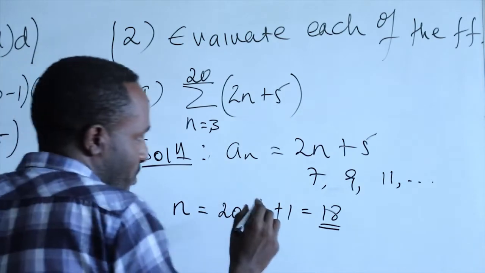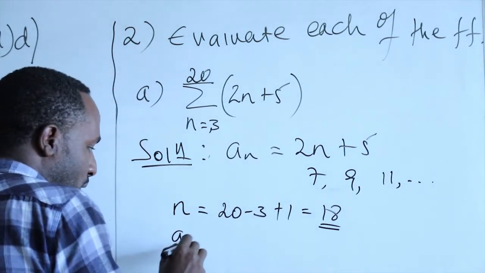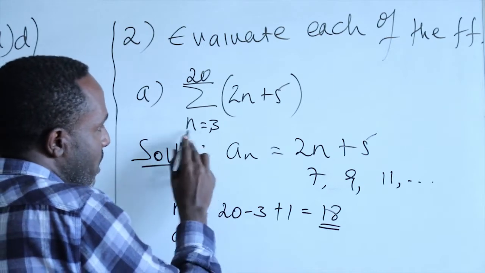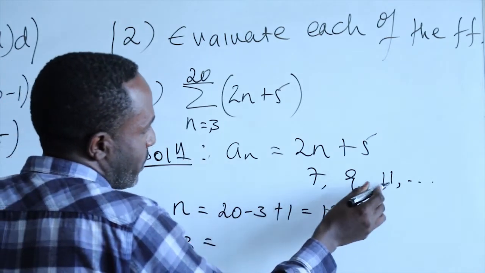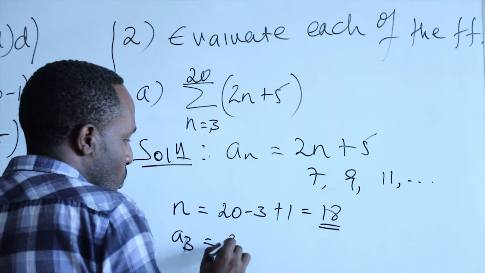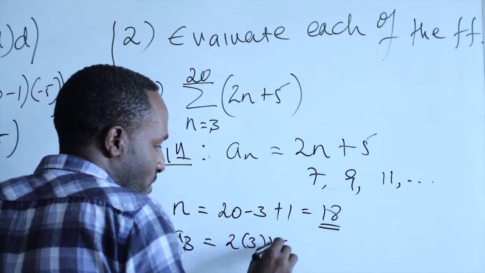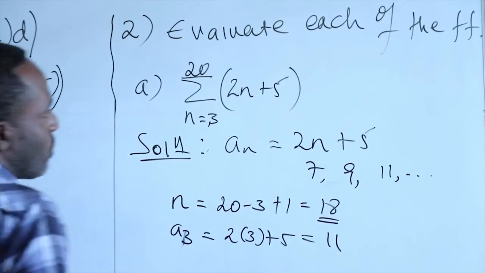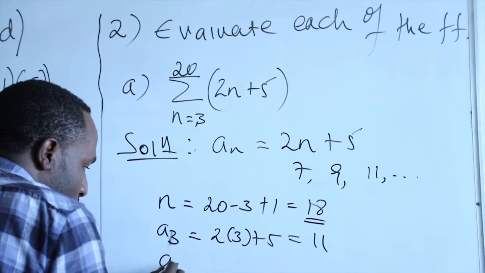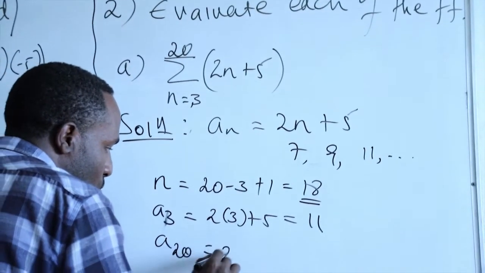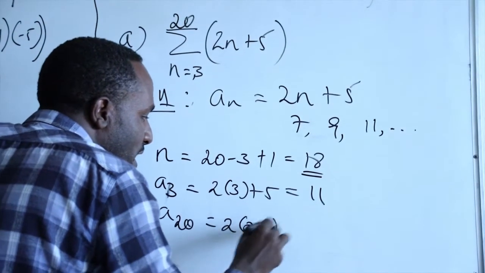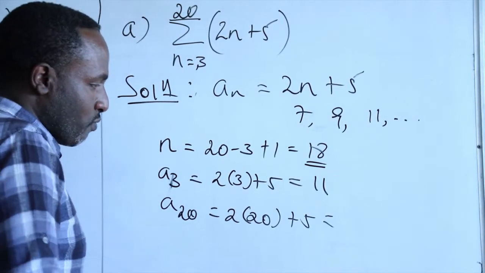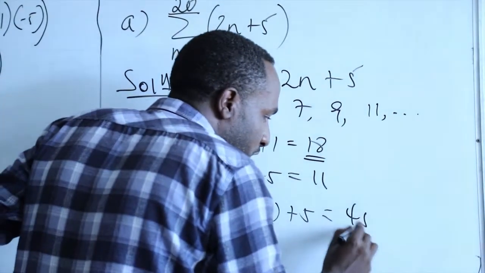Also the first term is a3, when n is 3, which becomes 2 times 3 plus 5, equal to 11. And also a20: a20 equals 2 times 20 plus 5, which equals 2 times 20 is 40, 40 plus 5 is 45.